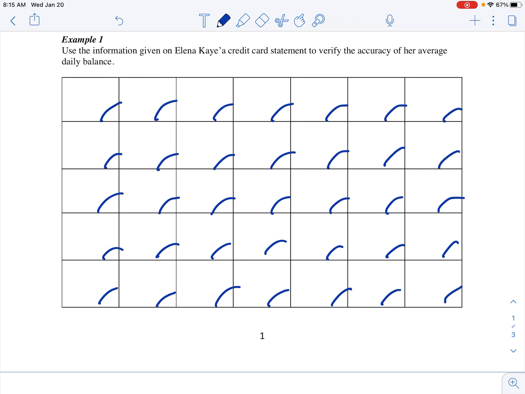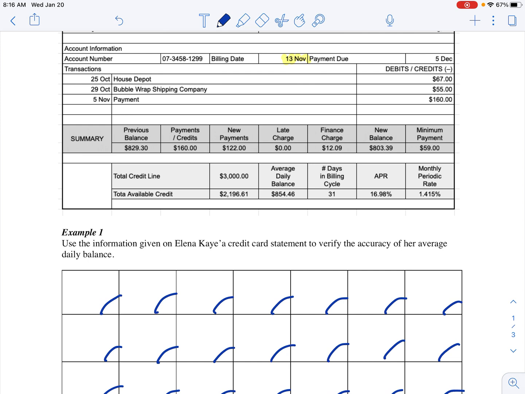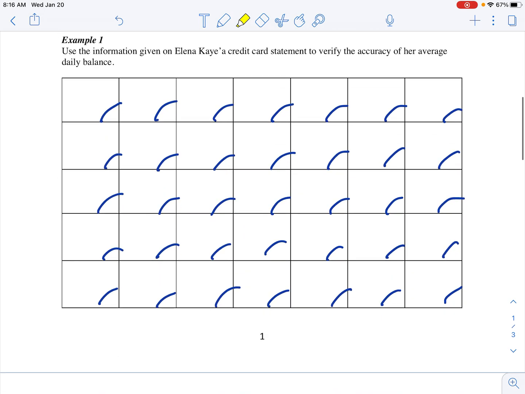Okay. So step two is, instead, you find the number of days in the billing cycle, which is 31. So if you look here, the number of days in the billing cycle is 31, which means there's going to be 31 days in there.